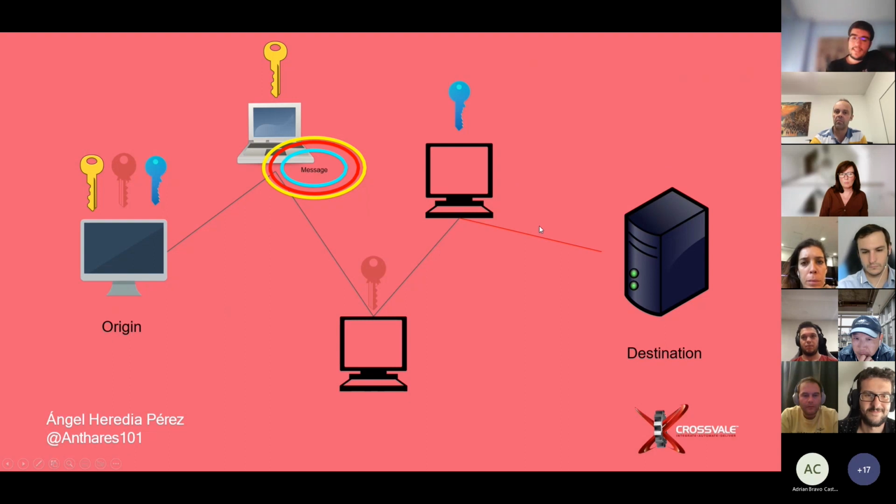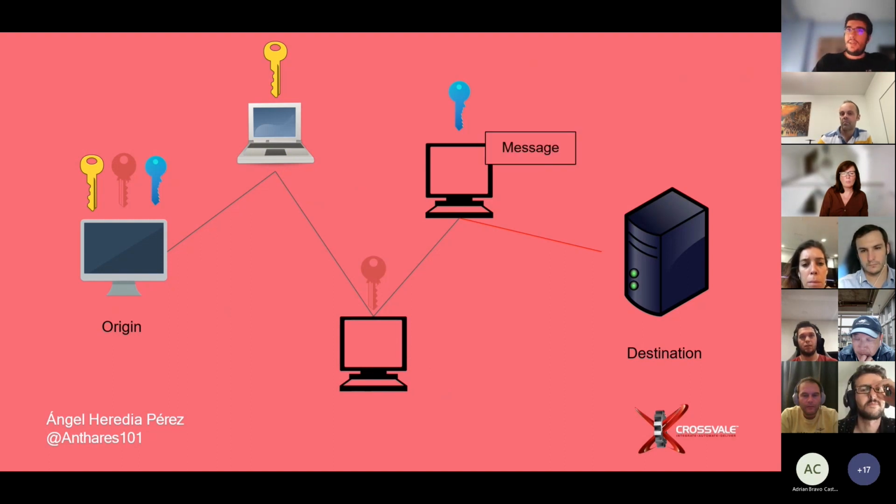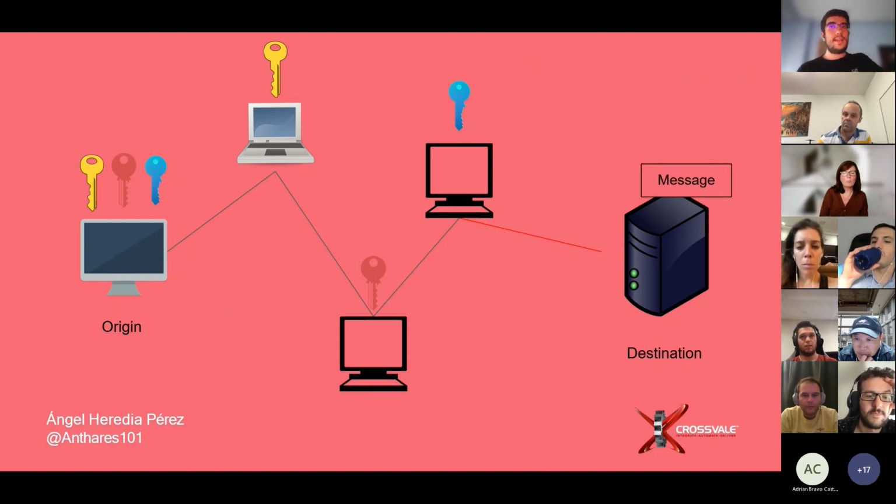The first node will receive the message and will decrypt the outer layer of encryption. Now it sends the message to the second node. The node does the same thing with the red key, and now the last node can decrypt the message and get the original message we sent. This message can now be sent to the destination, and the response will do the same procedure, but in reverse.